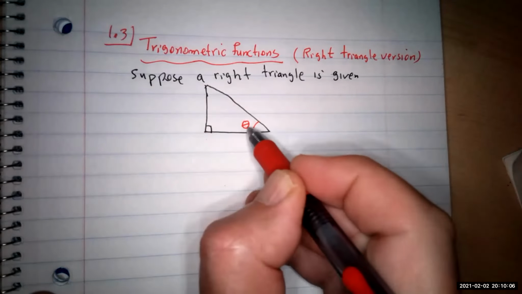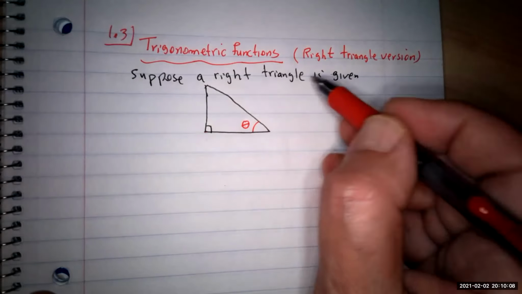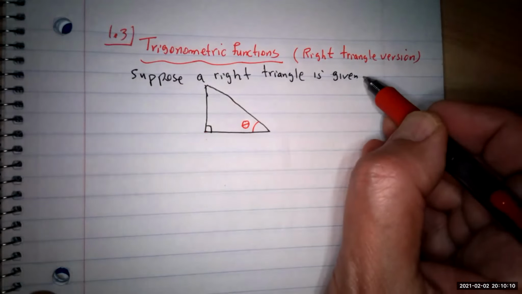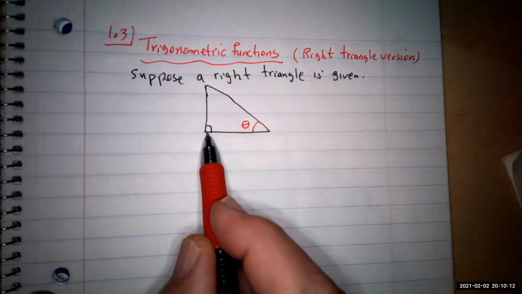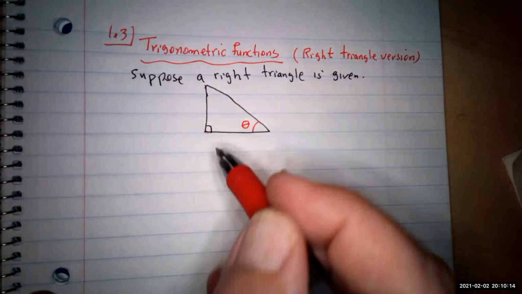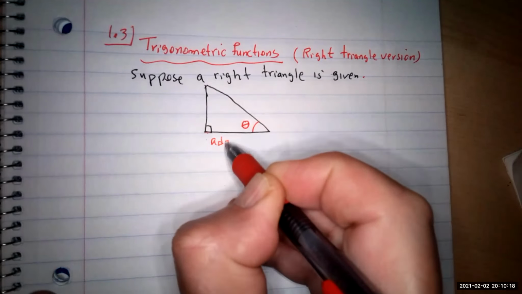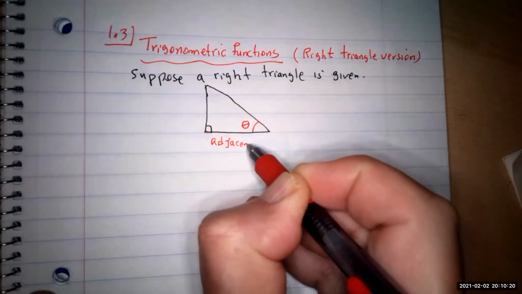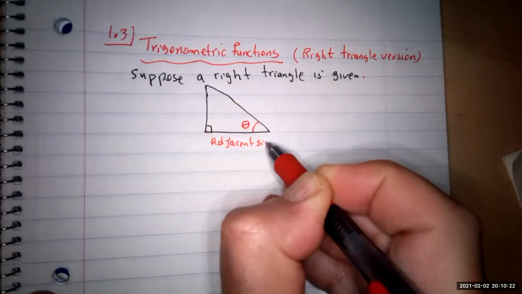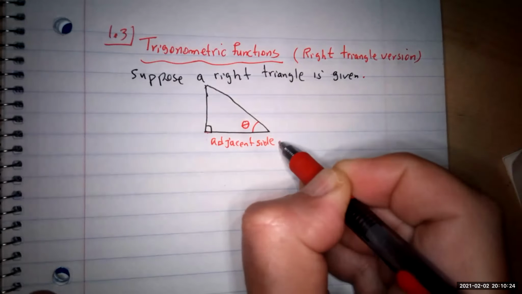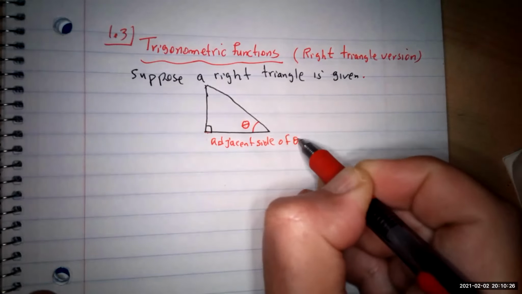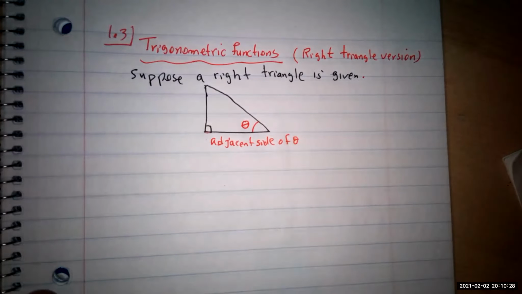So the right angle is given to you. This is going to be called the adjacent side of theta.